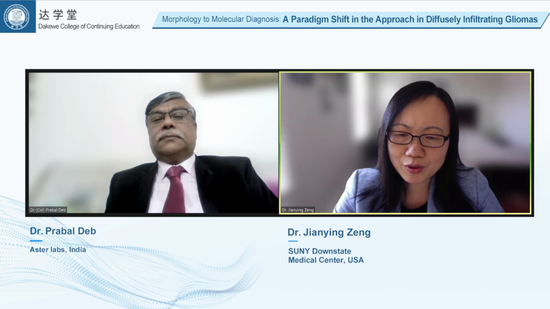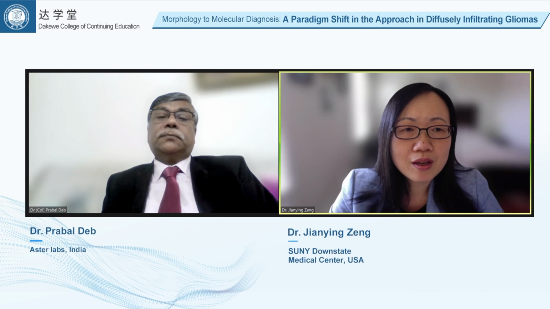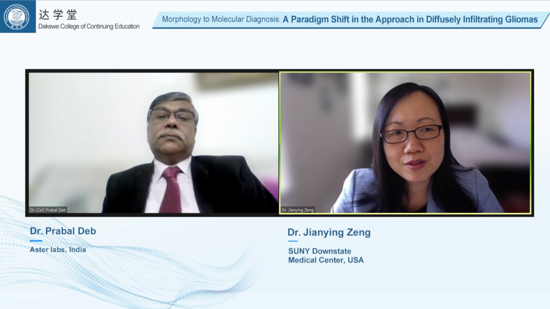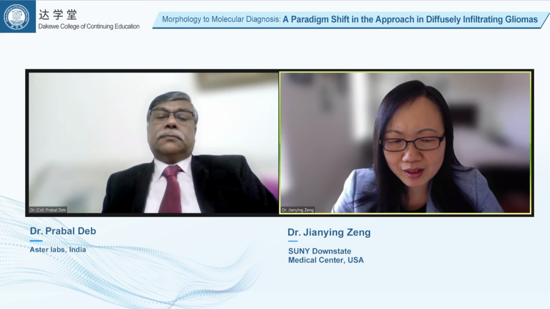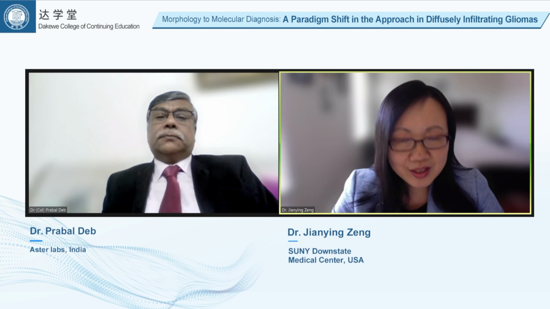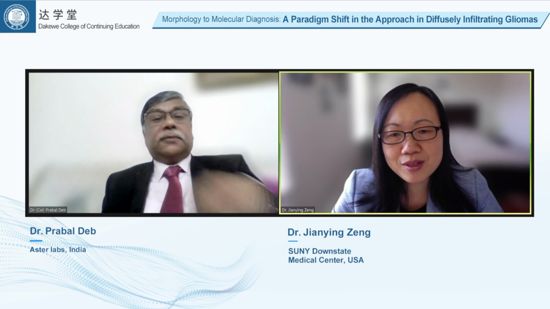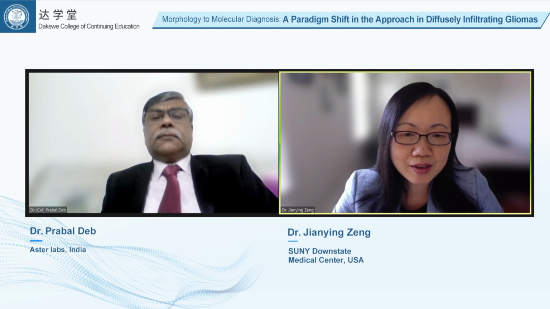At last year's follow-up, they had lived for more than 2 years, 2.5 years. But the other one passed away probably in 15 months. So we still need long-term data to really see whether those targeted therapies are truly effective, or whether there are other underlying mechanisms.